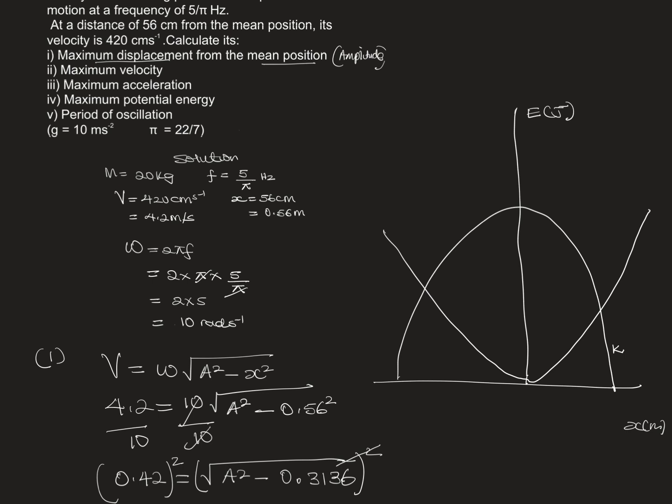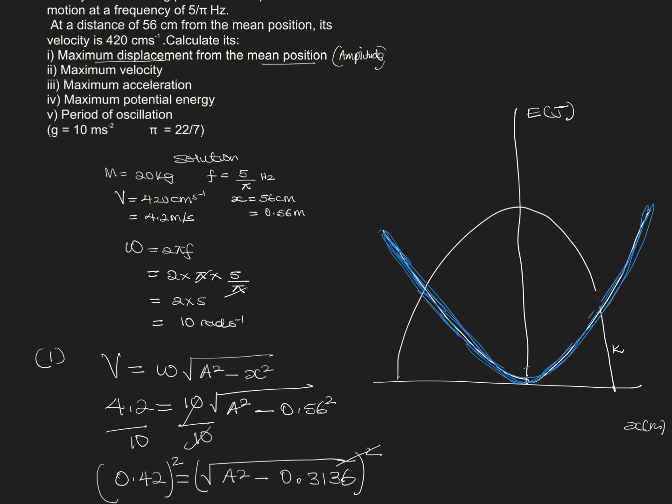So this is the potential energy. Let me try to differentiate them with a different color. I will not spend much time to explain this, so you can watch our previous videos.